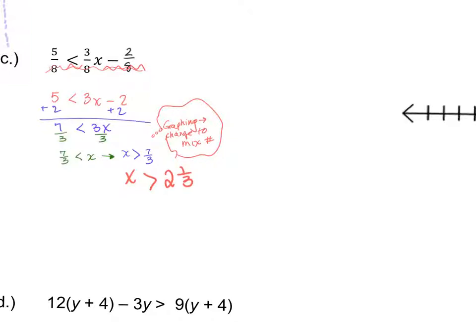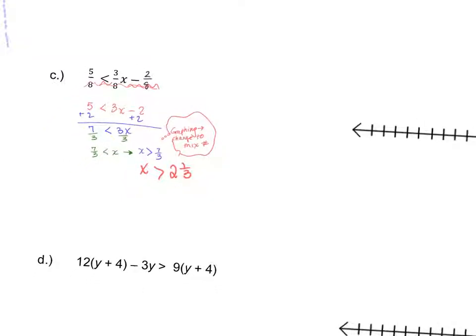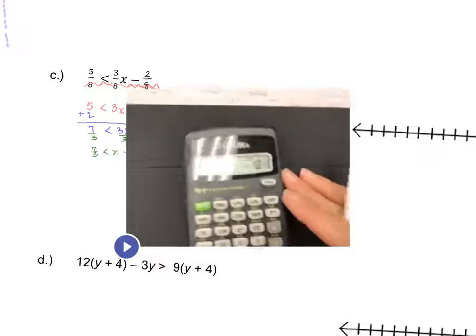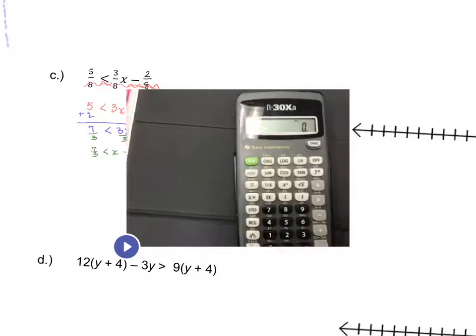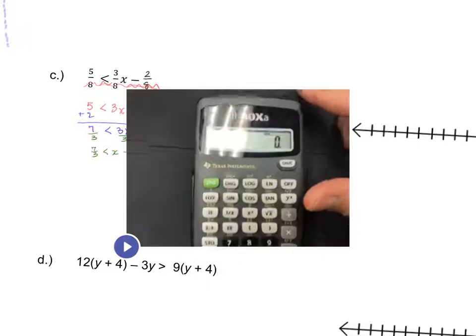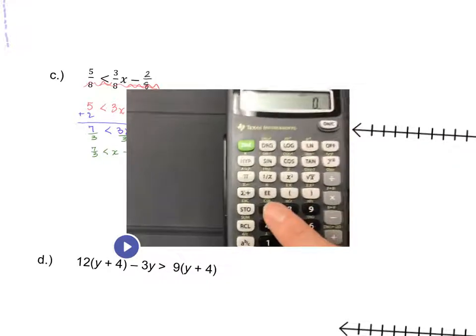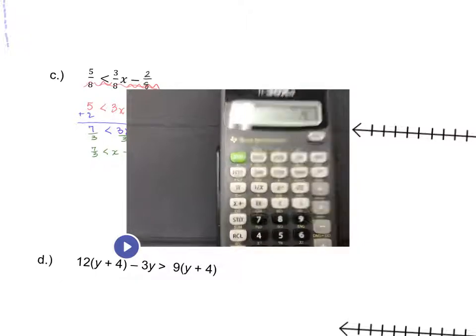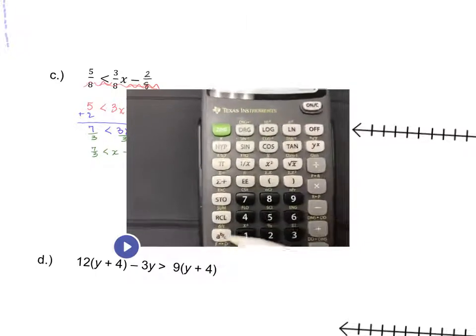Now on your calculator, it actually does this for you. And so those of you that have the calculator that you were asked to get, you should be able to translate it into a mixed number. Let me show you that. Let me go ahead and open this up for you. You would do 7, and then you would press the ABC button, which is right here.